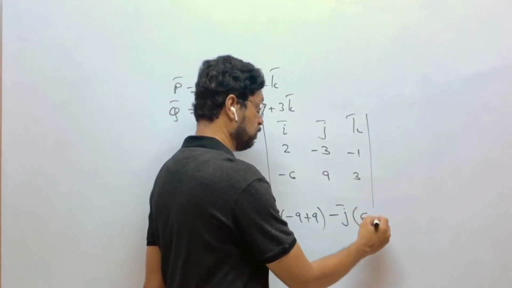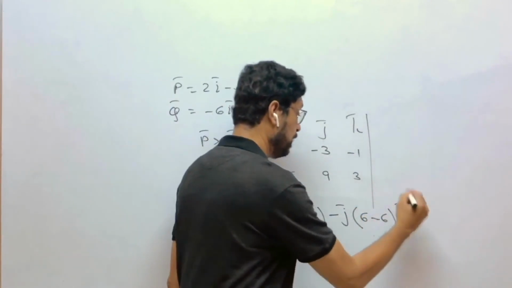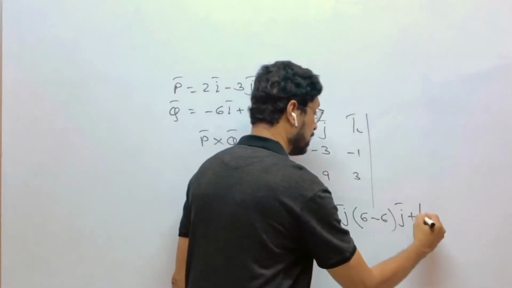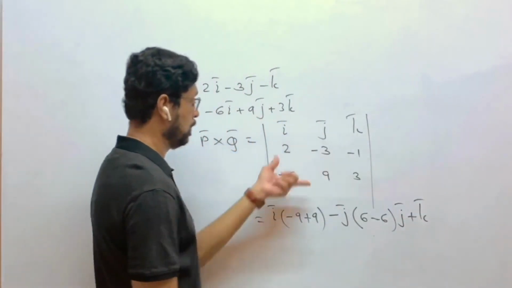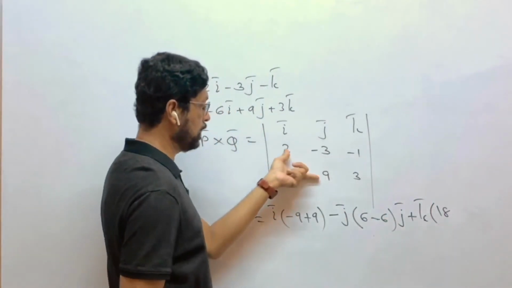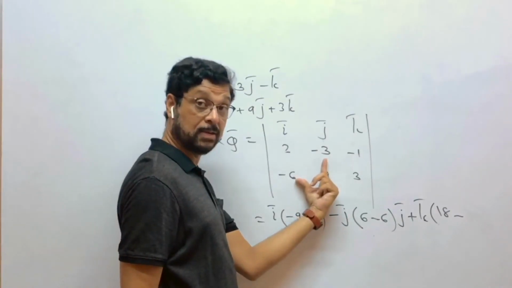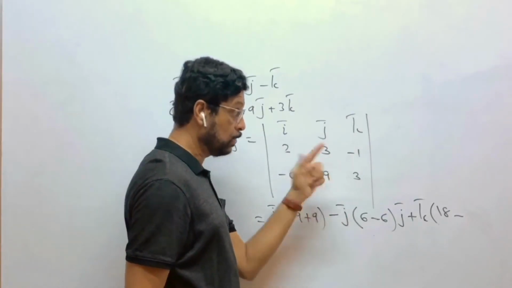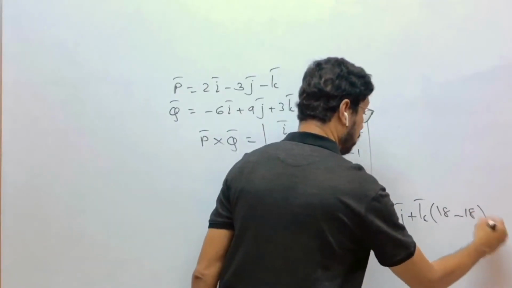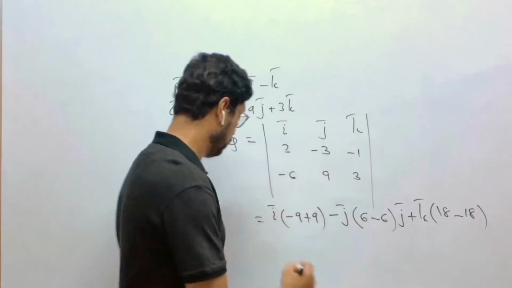So minus plus will become minus 6, minus 6 J plus K into bracket 18 minus 6 into minus 3 is plus 18. So minus plus will become minus. So this is 0, 0, 0.